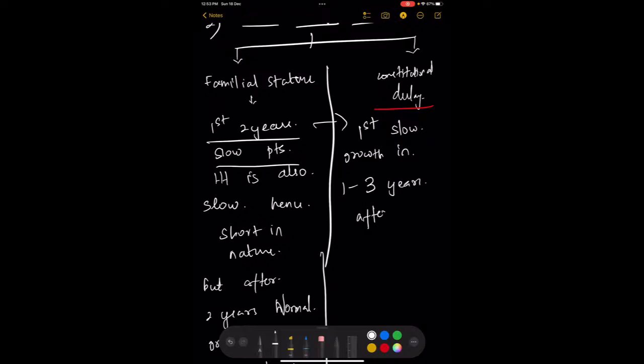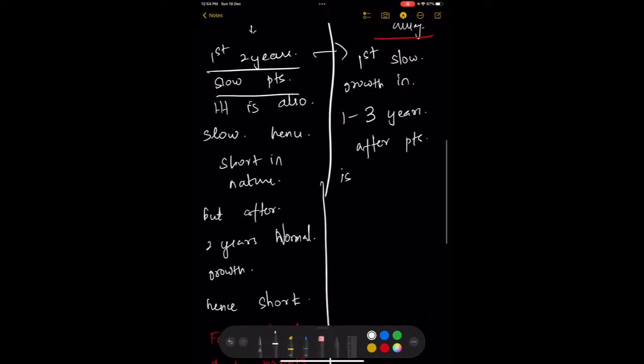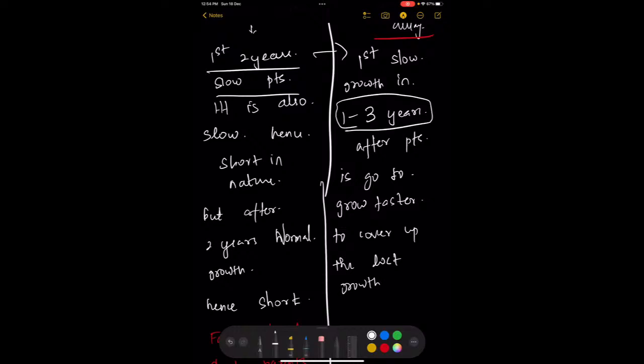After that, the patient is going to grow faster to cover up the growth lost during the first 2 years.